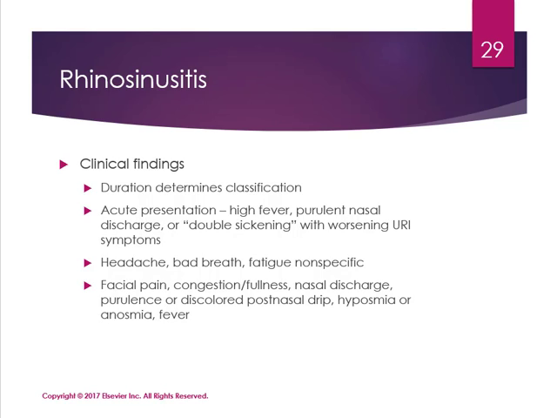You can have a high fever with purulent drainage. You can have the headache, bad breath. You can have fatigue. There is also often associated with double sickening, where the URI has contributed to the sinusitis, as we talked about earlier, and now you have a worsening of that condition and you're doubly sick.